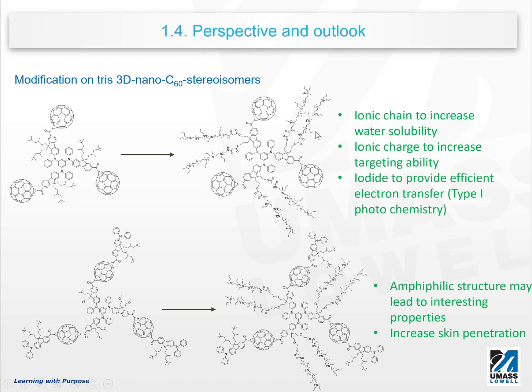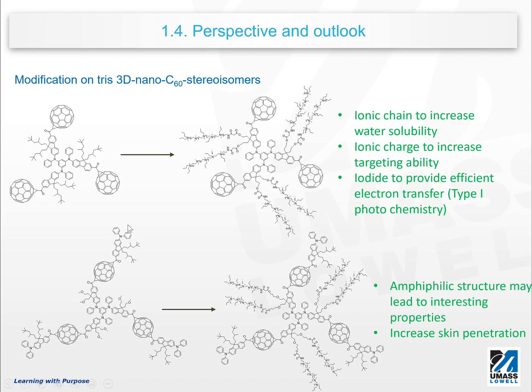Also, we used iodide ion as a counter ion to the cationic charge, and iodide might also provide more efficient electron transfer for type 1 photochemistry.